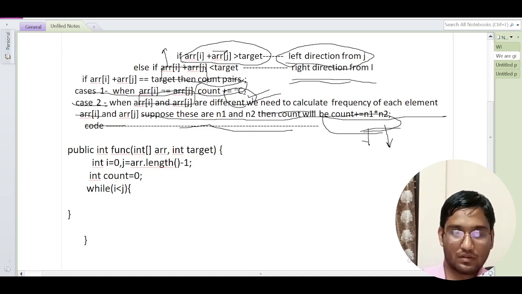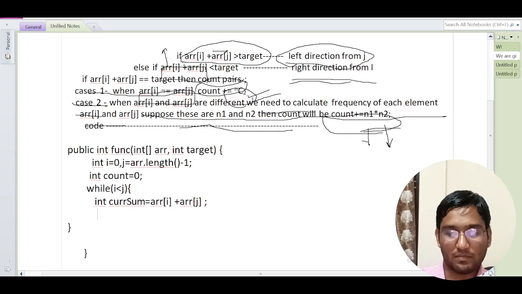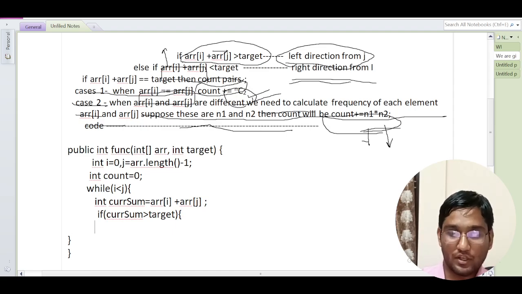Now the current summation is equal to what? This is array of i plus array of j. If the current summation is array of i plus array of j, there are 3 possibilities that we have encountered. The first possibility is that if the current summation is greater than target, we need to reduce the current sum.